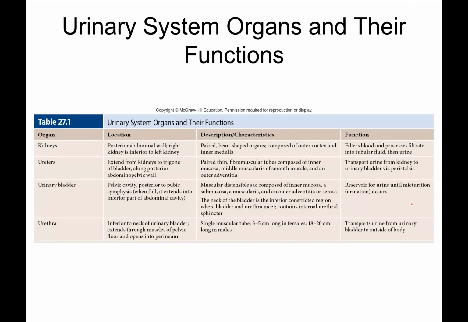Okay, the kidneys do help filter things out, keep the good stuff, get rid of the bad stuff. Okay, ureters allow for fluid to be transported from the kidneys to the urinary bladder. And the urinary bladder is a temporary storage tank of the fluid that we call urine.